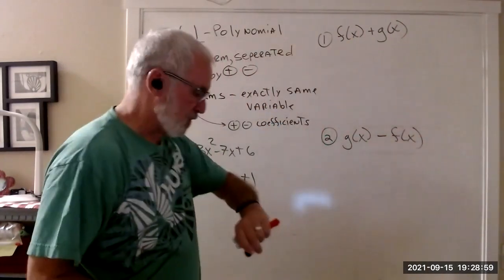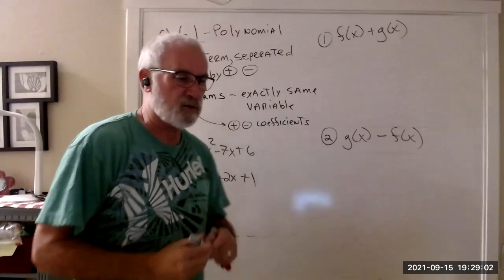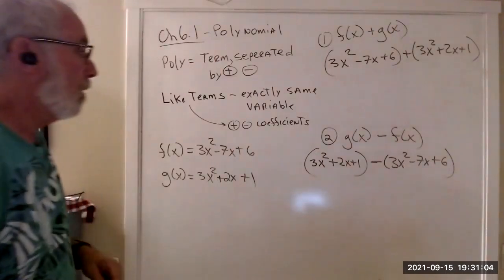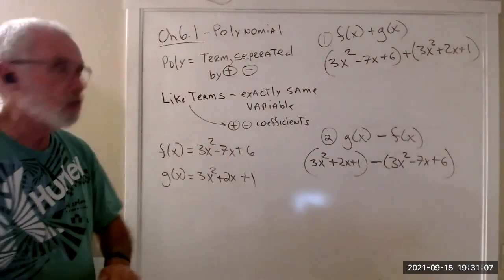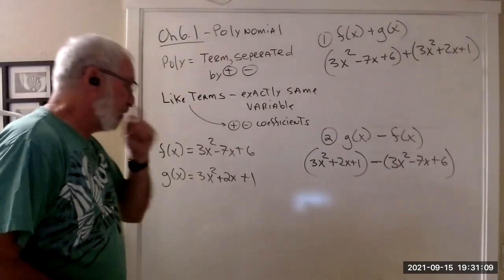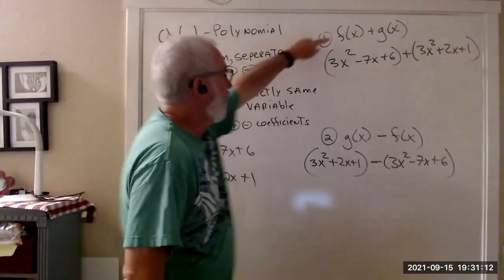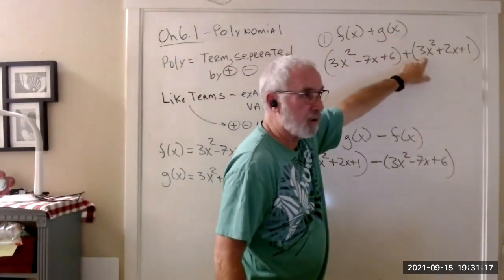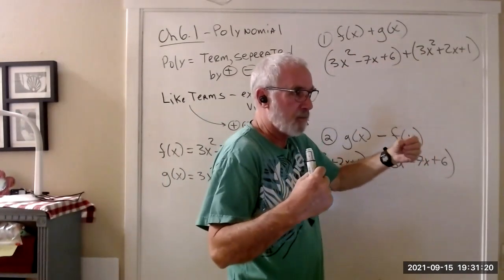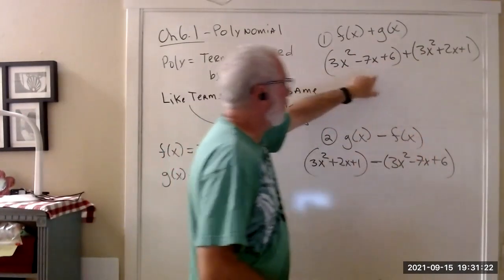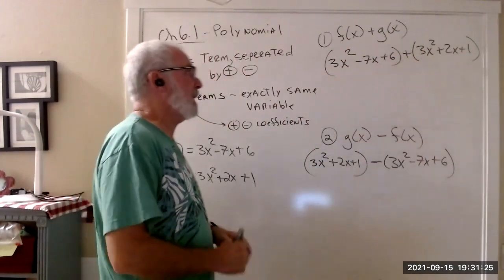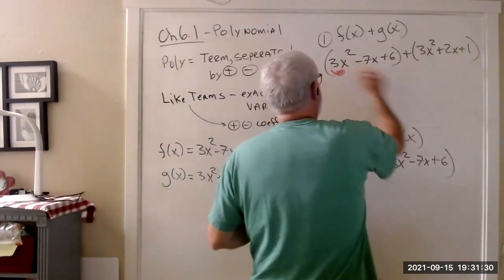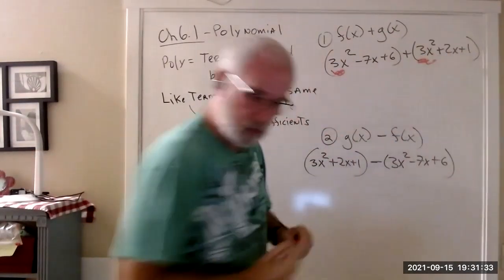So let's take a couple minutes and have you work both of those out. Okay, so what I did, while the recorder was off, f of x was this polynomial plus g of x is this polynomial, so I expanded them out. This is f of x plus g of x. Again, combining like terms: 3x squared and 3x squared are like terms.